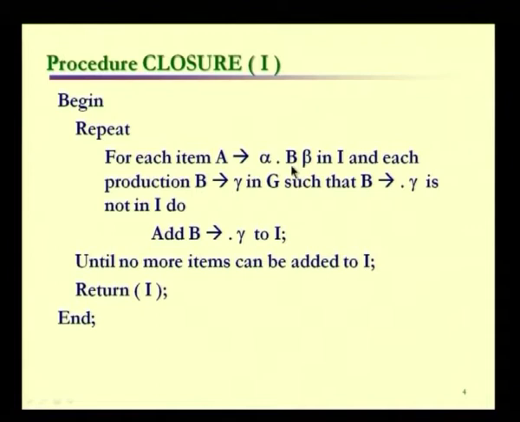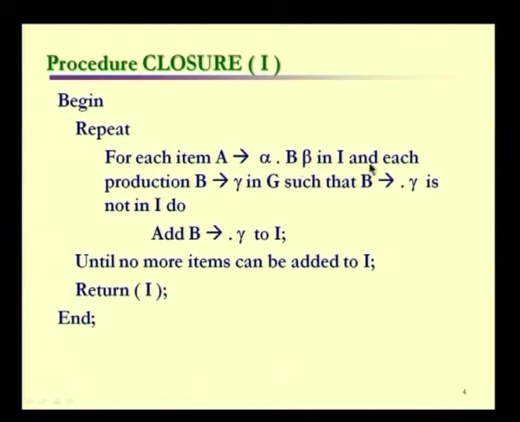So, if B is a variable, there exists a production of the form B derives gamma, which is supposed to be in the given grammar called G, and now what should be added into the closure of this state I is B derives dot gamma, provided it is not already there in I. So, that is the meaning of this closure function. So, you find an item of the form A derives alpha dot B beta in the state called I, and this B may have even more number of productions also.